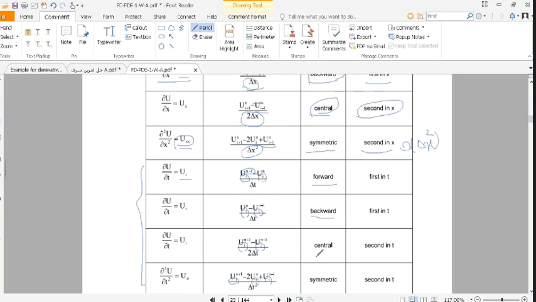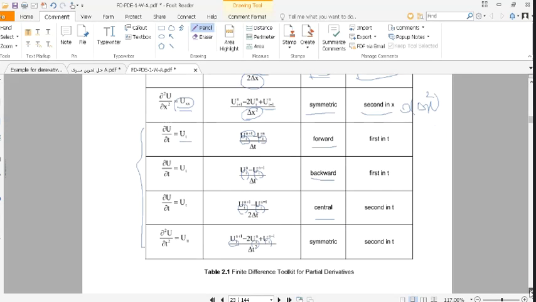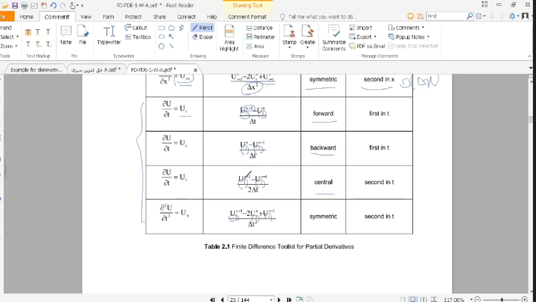For central finite difference approximation, for u respect t, we have u i n plus 1 minus u i n minus 1 over 2 delta t, and the order of error is O of delta t2.